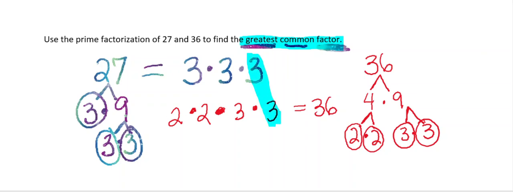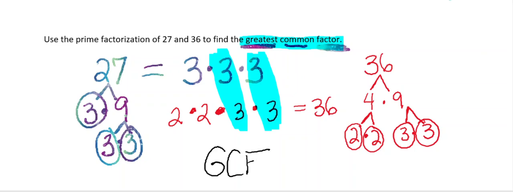I have 1 3 in common. I have another 3 in common, and that's the only thing I have in common between the two prime factorizations. So now I can determine that the greatest common factor is 3 times 3, which is 9.